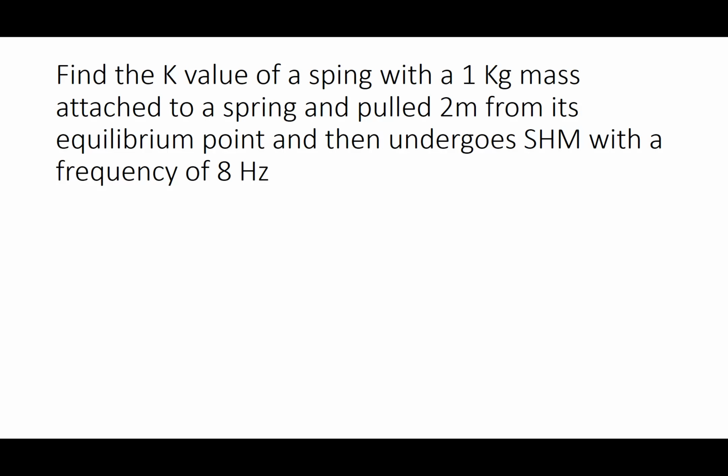All right, so now we're going to find the k value of a spring with a 1 kilogram mass attached to the spring, pulled 2 meters from its equilibrium position, and undergoes simple harmonic motion with a frequency of 8 hertz. So a frequency of 8 hertz means it takes 1/8 of a second to do one full back and forth.